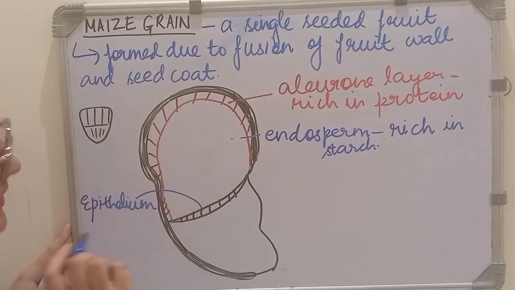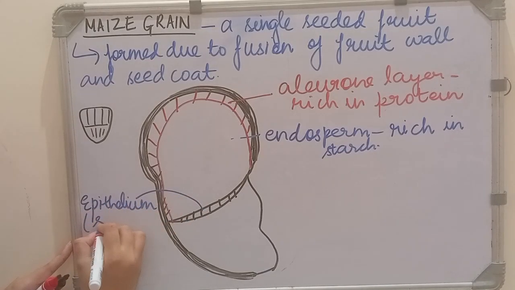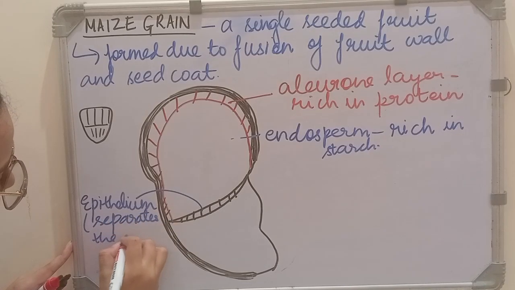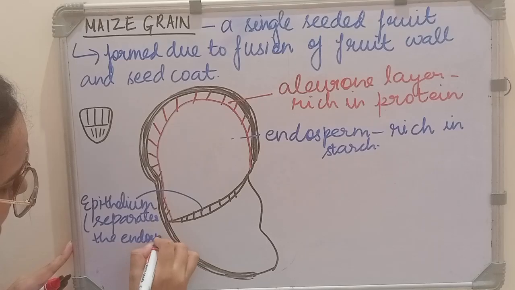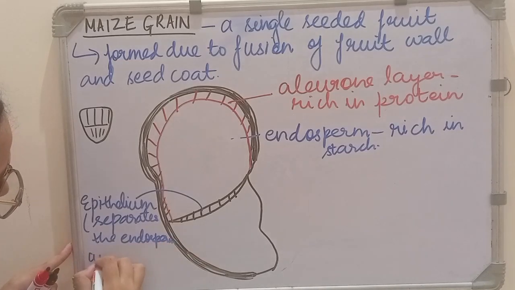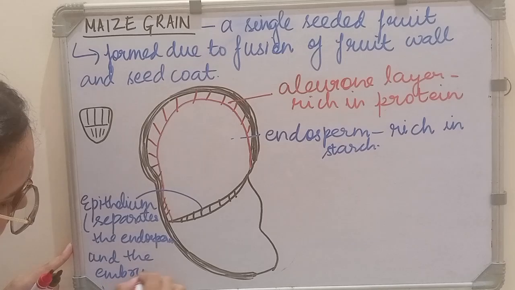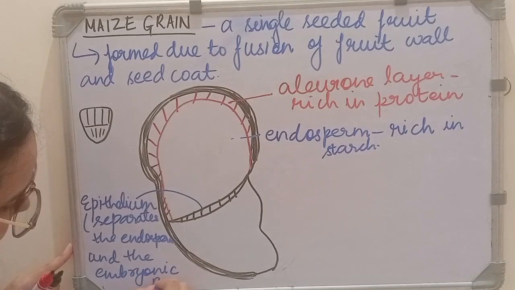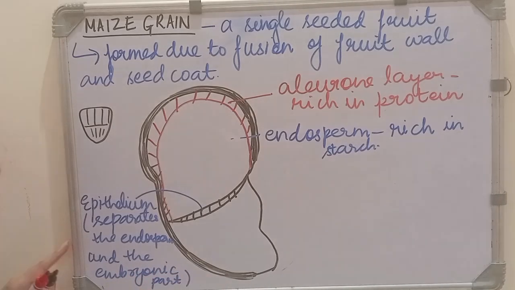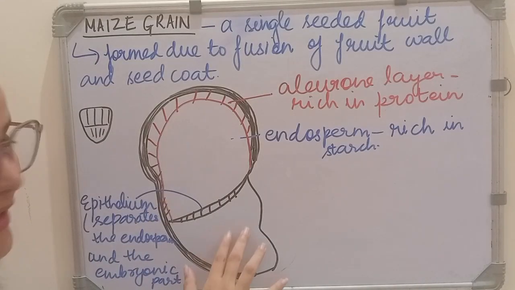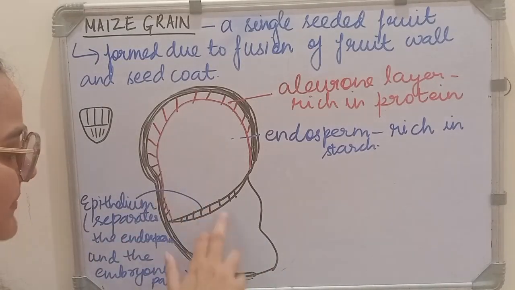It is a single layer, and it separates the endosperm and the embryonic part. Now let's draw the embryonic part. So here our embryonic part will be present.